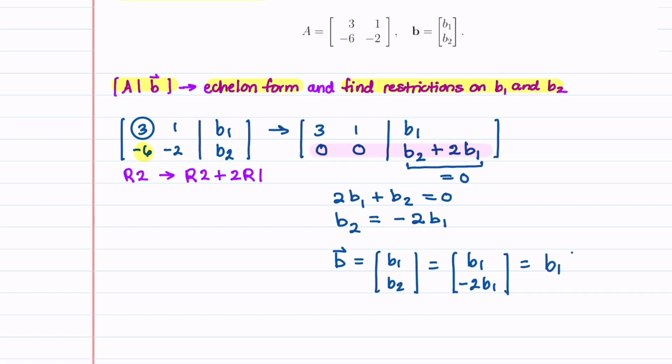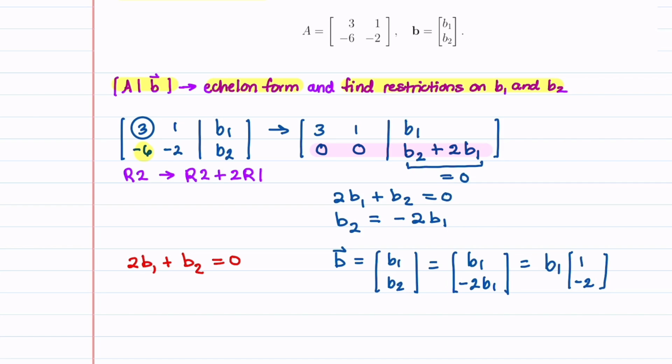And then we can pull out the b1 and write this as b1 times (1, minus 2). So there's often two ways to write this solution. One way would be to just say that it's going to have a solution if 2b1 plus b2 is equal to 0, or you might be required to show that vector b has to be in the form b1 times (1, minus 2).